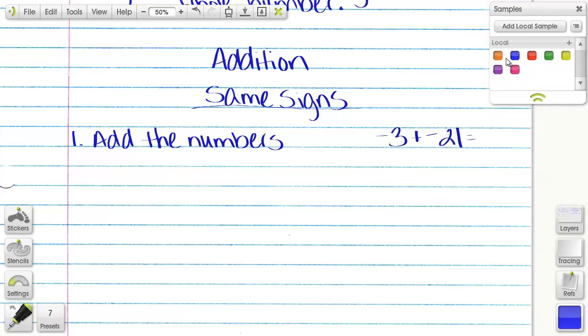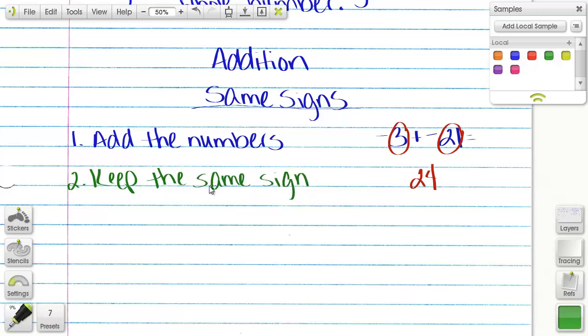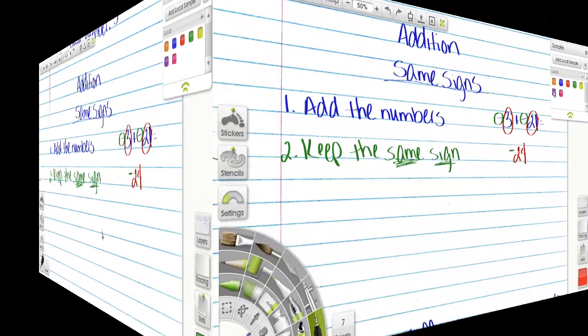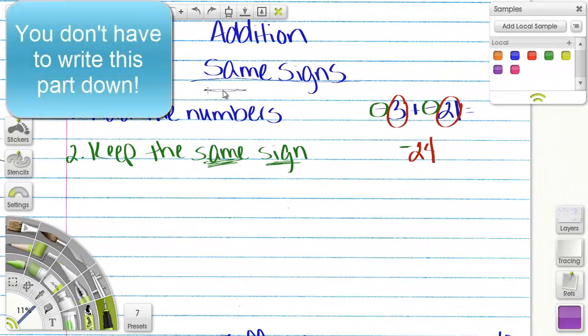I'm going to add the numbers. So I'm going to add 3 and 21, and that gives me 24. My next step, step 2, keep the same sign. So these are both negatives. So mine's going to also be a negative. And that's it.